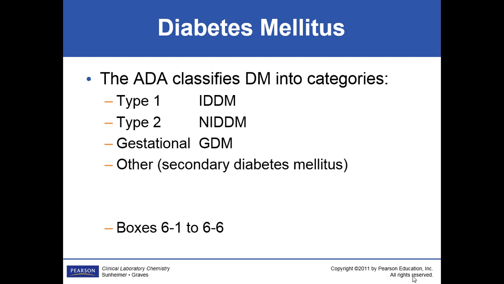And then sometimes there's just others. It's usually something else is causing the pancreas to not do what it needs to. If I had a tumor on my pancreas, I might still have those beta cells making insulin, but that tumor is interfering with the pancreas. Something like that, okay? And you have several boxes in your textbook that give you a lot of information. Please go over those boxes.